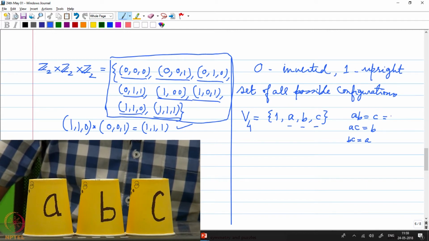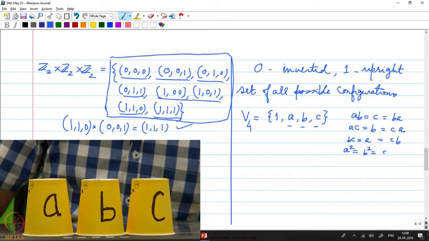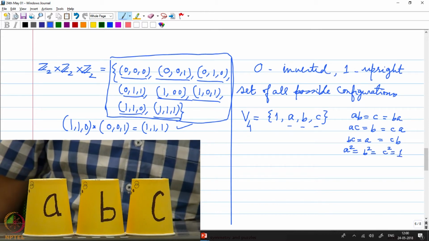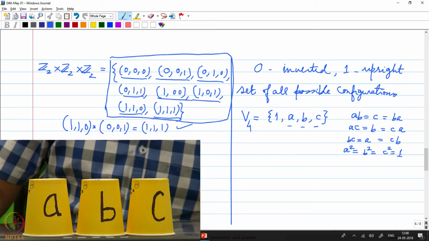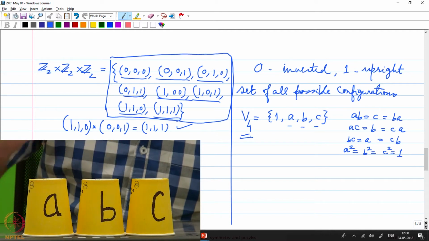So it's an abelian group, so AB is the same as BA, similarly this is the same as CA and the same as CB. Of course, A square, B square, C square is identity. So what I am saying is that this group has something to do with this problem.